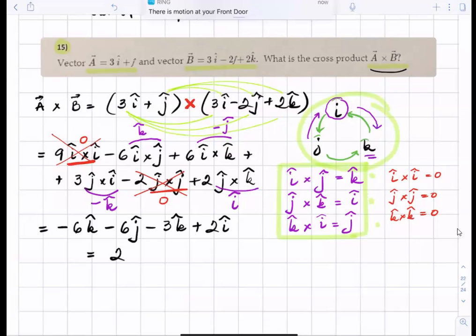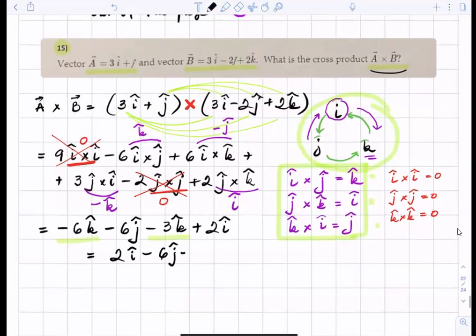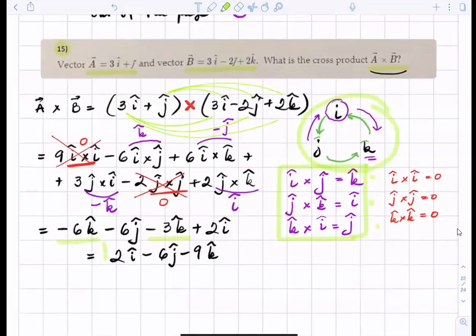So we get 2 i hat. For j, we only have one term, so minus 6 j hat. And then you have a negative, and this becomes a negative 9 k hat. So here it is. This is the answer for evaluating the cross product of such vectors.